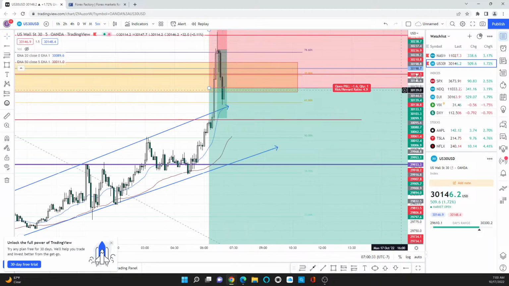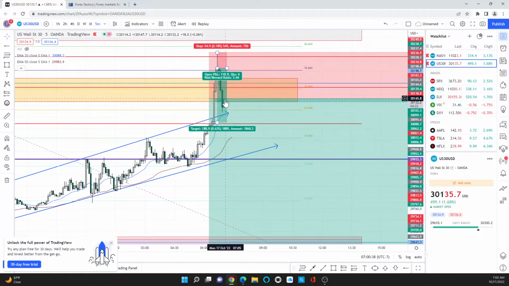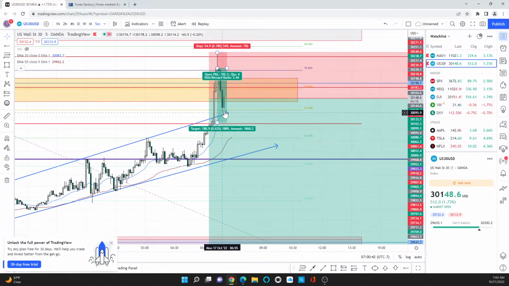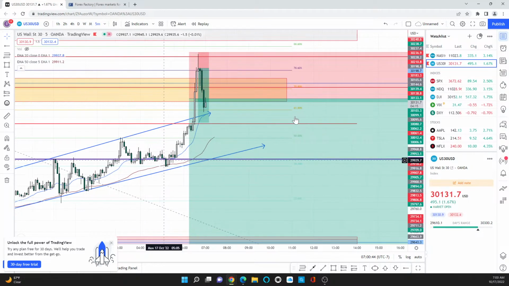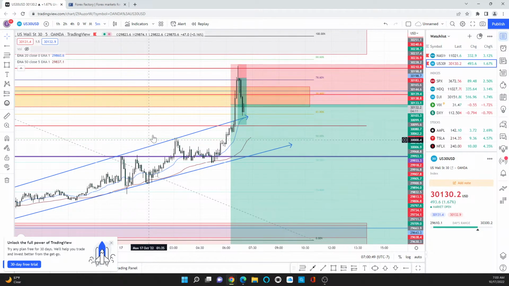And look at that push up. See if he uses it as resistance now. Comes back down. And we're up about 100 pips right now. Lesson learned today, though.